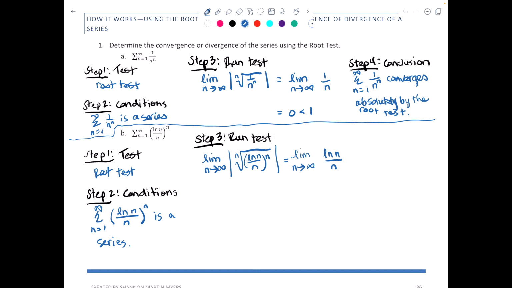We're starting at n equal to 1, and so we won't have any negatives, so we can take that absolute value off. So now if we put in infinity, we'd have infinity over infinity, right? And so with direct substitution, you get infinity over infinity. So L'Hopital's rule applies.